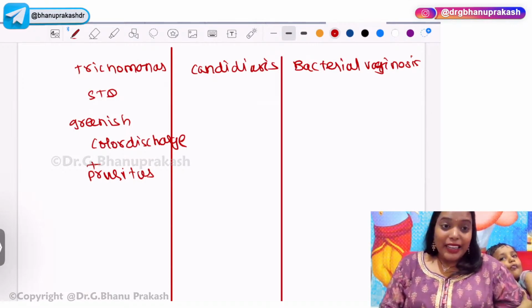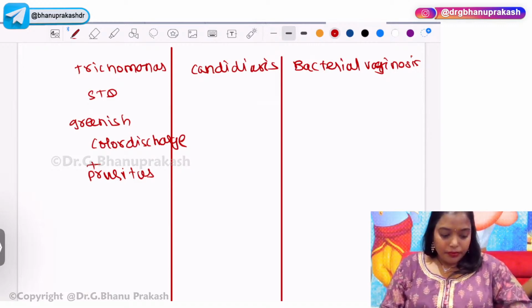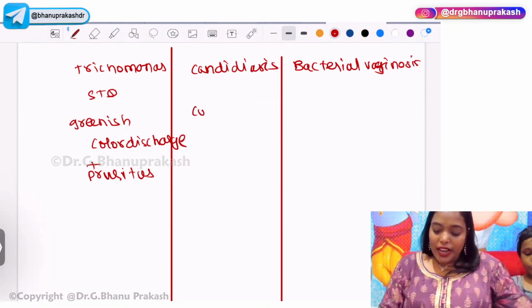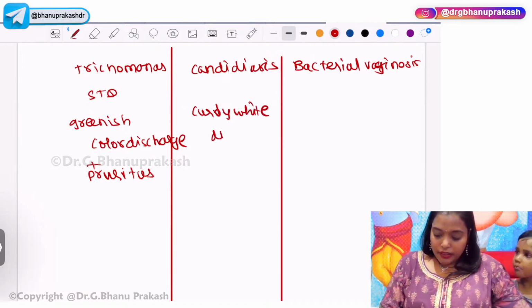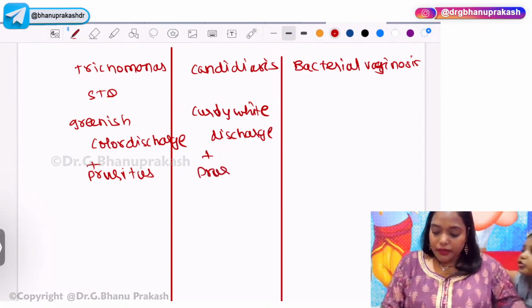Right? Candidiasis will have curdy white discharge, and there also it will be lot of pruritus.